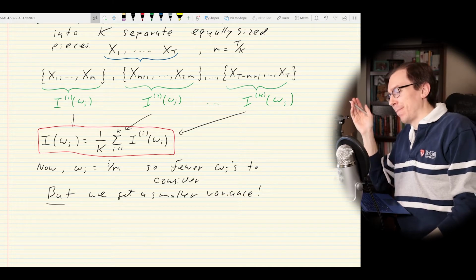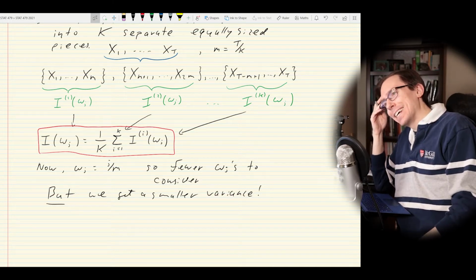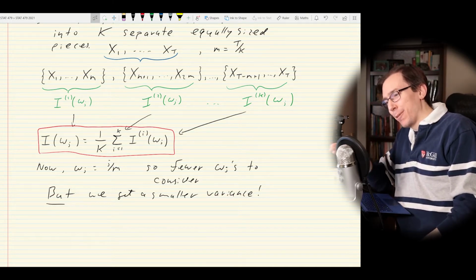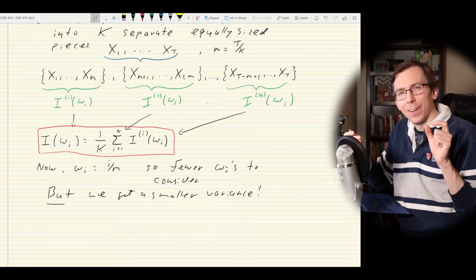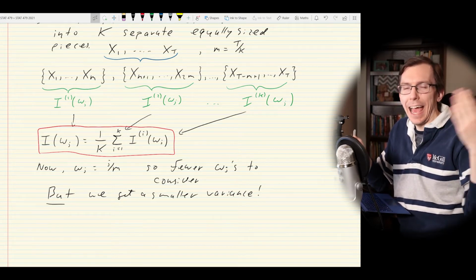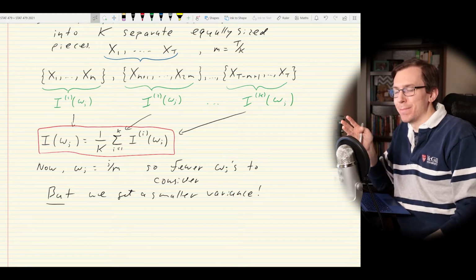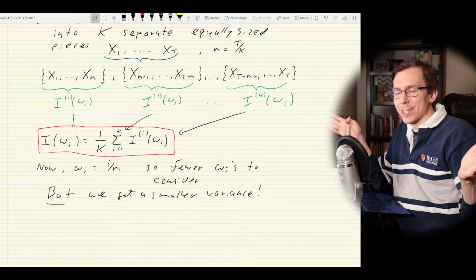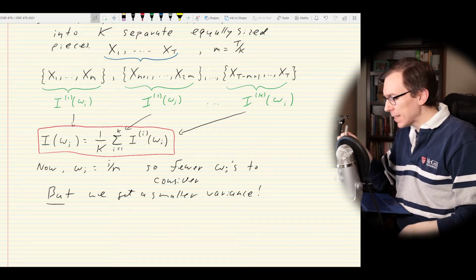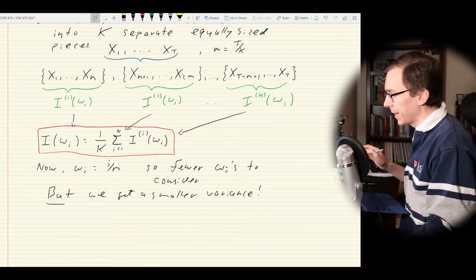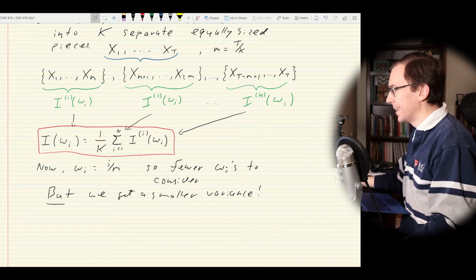If we have, I don't know, 496 data points, we probably don't need all of those frequencies. We could cut it in half a couple times, and maybe just have frequencies from 1 to 128, say, but have a better estimate by reducing the variance. So that was Bartlett's method.